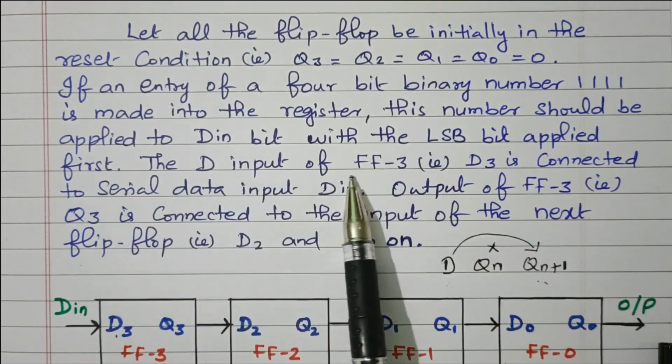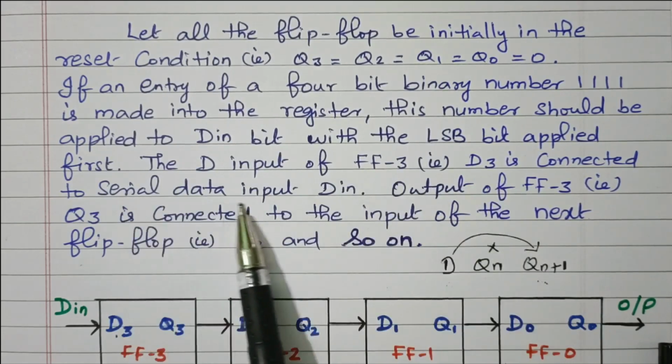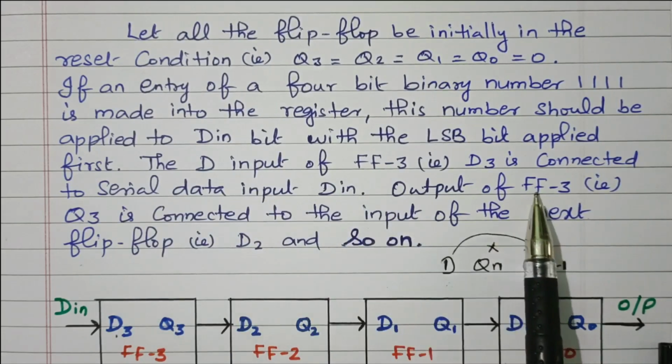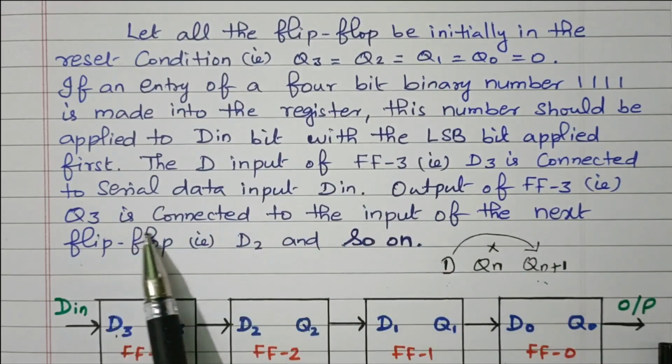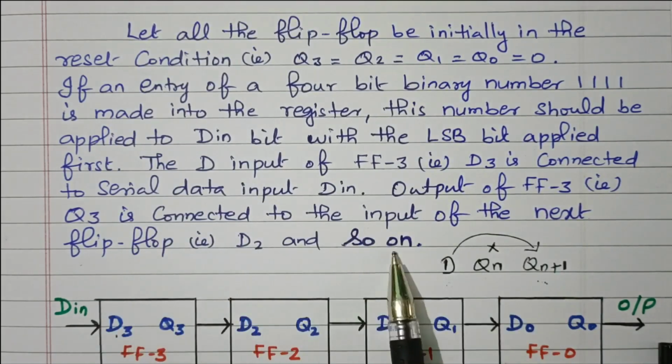The D input of flip-flop 3, D3, is connected to the serial data input D in. The output of flip-flop 3, Q3, is connected to the input of the next flip-flop, D2, and so on.